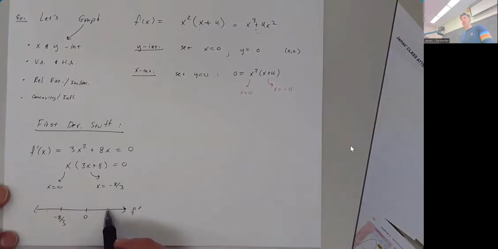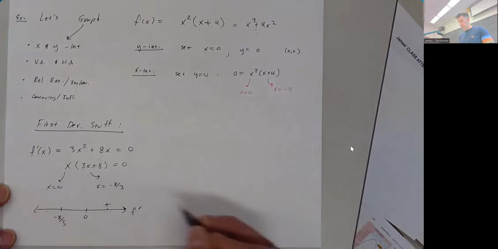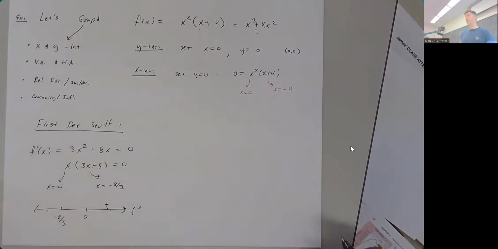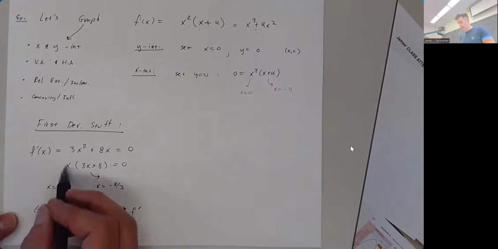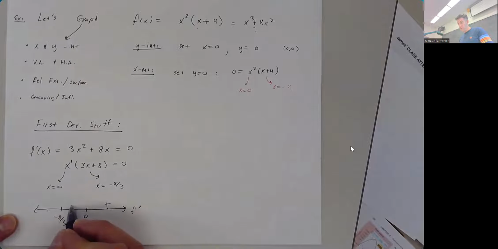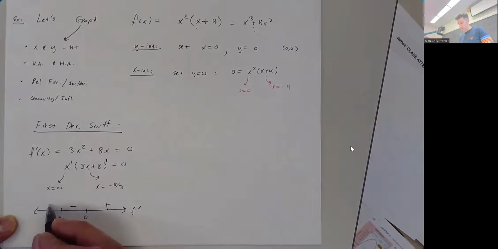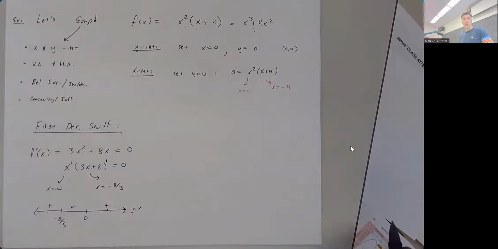So over here, if I pick a number bigger than 1, like 5, positive, positive, the whole thing's positive. And then you can either keep picking points, or you can do the thing where you say 0 came from there, odd power, which means the sign is going to change. -8/3 came from there, which has an odd power, so the sign is going to change.